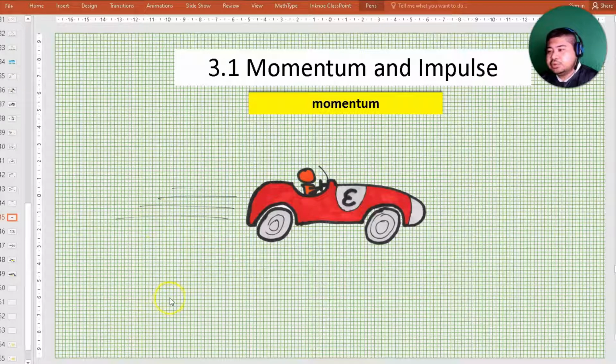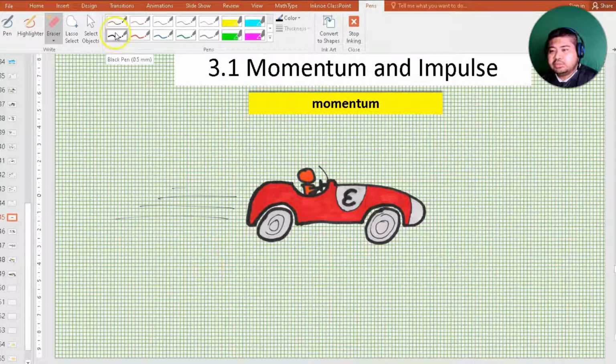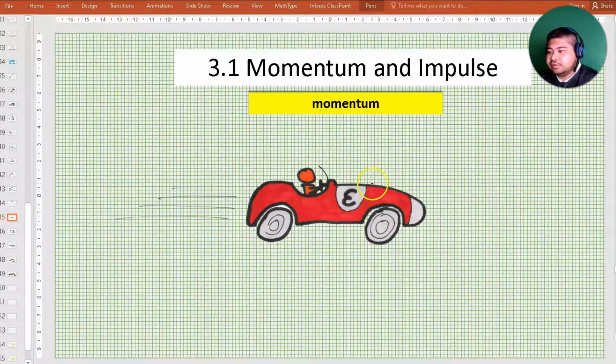In this video, we are going to get into the third topic, momentum and impulse. As you can see in the previous subtopic, the way we deal with motion is we use several quantities to quantify the motion.